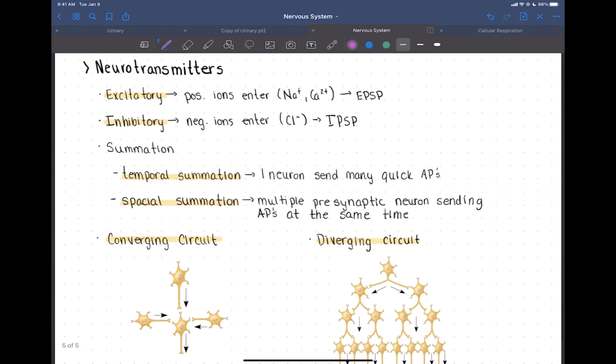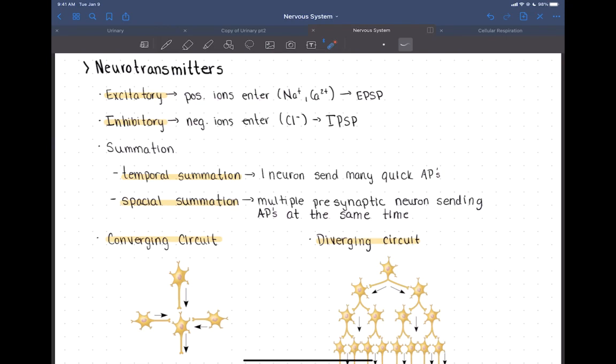Okay, so neurotransmitters, as I just mentioned, can be either excitatory, meaning they allow positive ions like sodium or sometimes calcium to enter, and those would create EPSPs. They could also be inhibitory neurotransmitters, letting negative ions like chloride in. Those would create IPSPs.